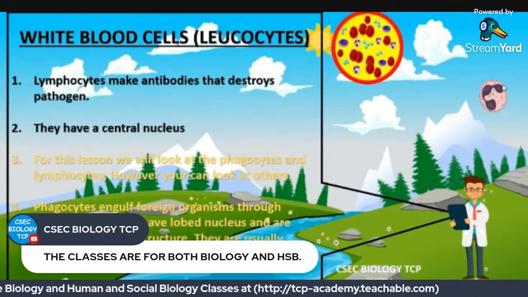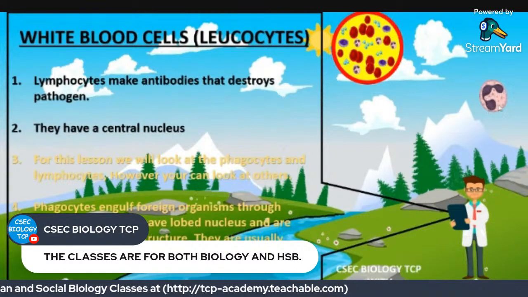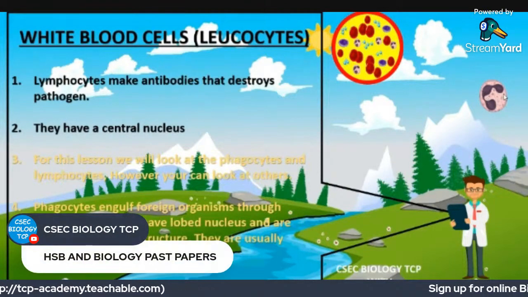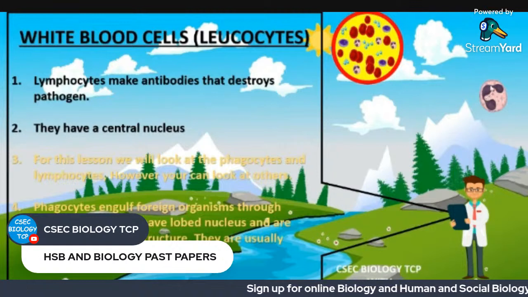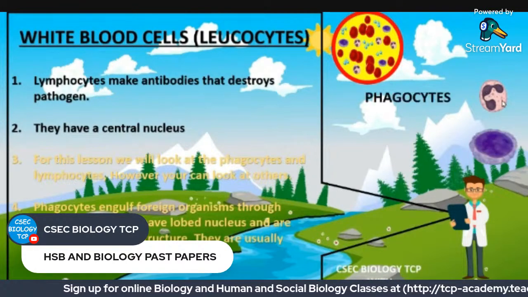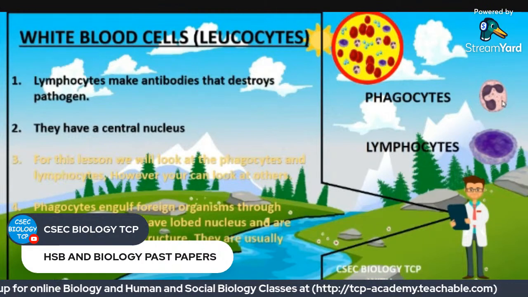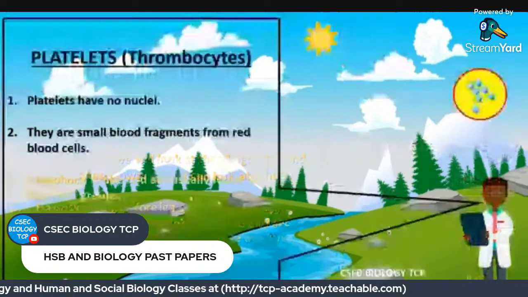It has a rough coat, somewhat granular. That's what it means here. It has this rough coat and the lobed nucleus, and of course, it would pretty much put the body in the shape of the lobed nucleus in order to carry out phagocytosis. The lymphocyte is somewhat different.